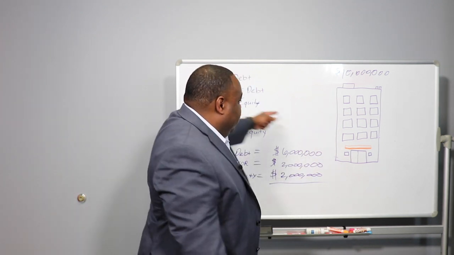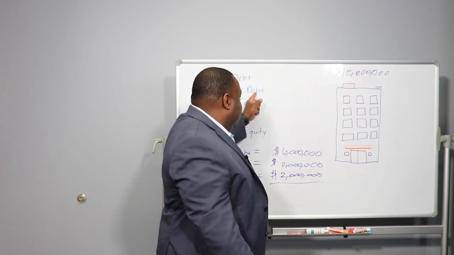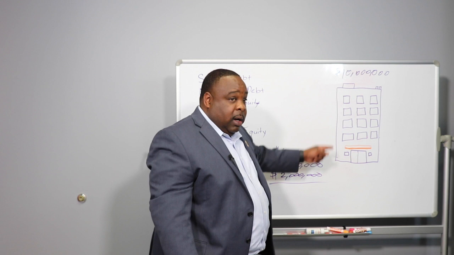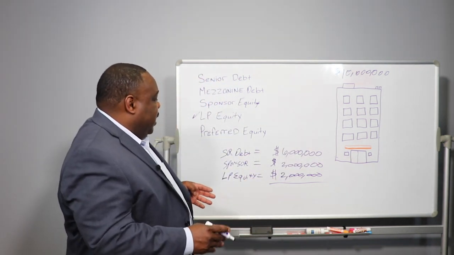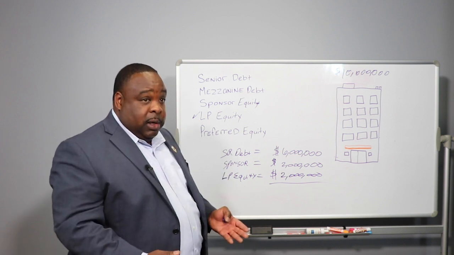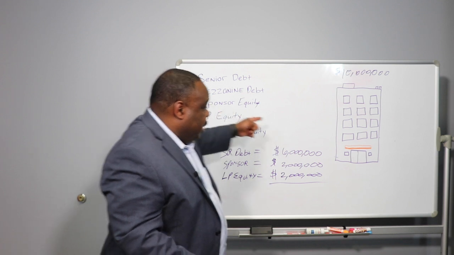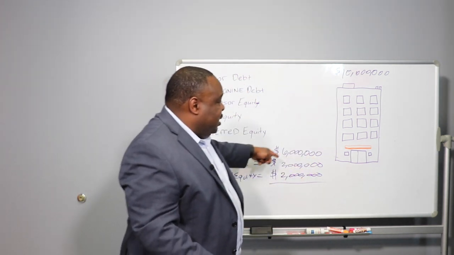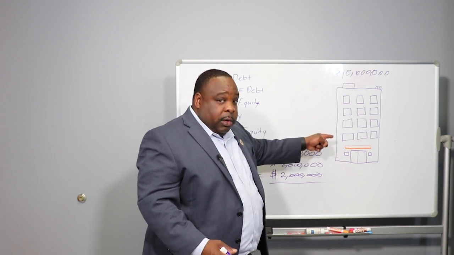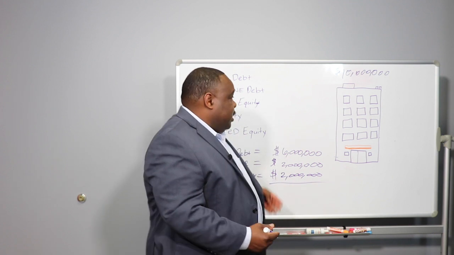Now this mezzanine debt is not collateralized by the building, but it's collateralized by 100% ownership of the entity that holds title to the building. That's where that collateral comes from. So just remember, with your senior debt, the building is the collateral. With your mezzanine debt, the ownership shares of the entity that holds title to that building serve as the collateral for the mezzanine debt.